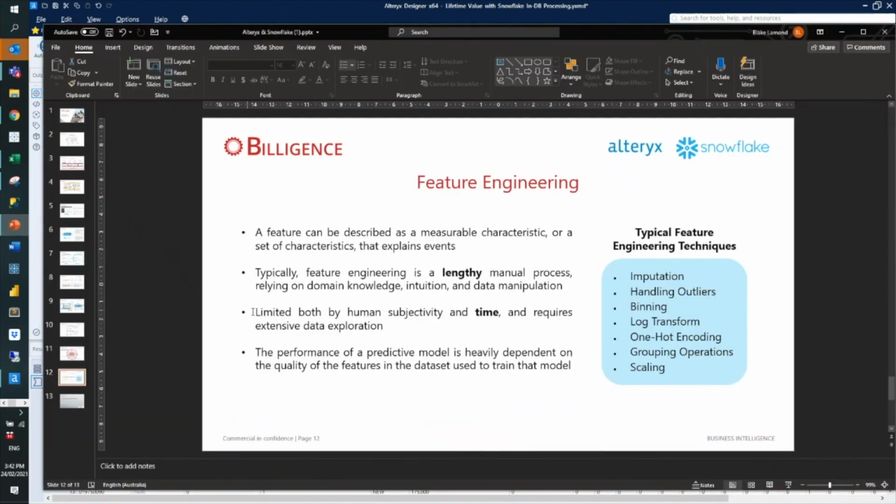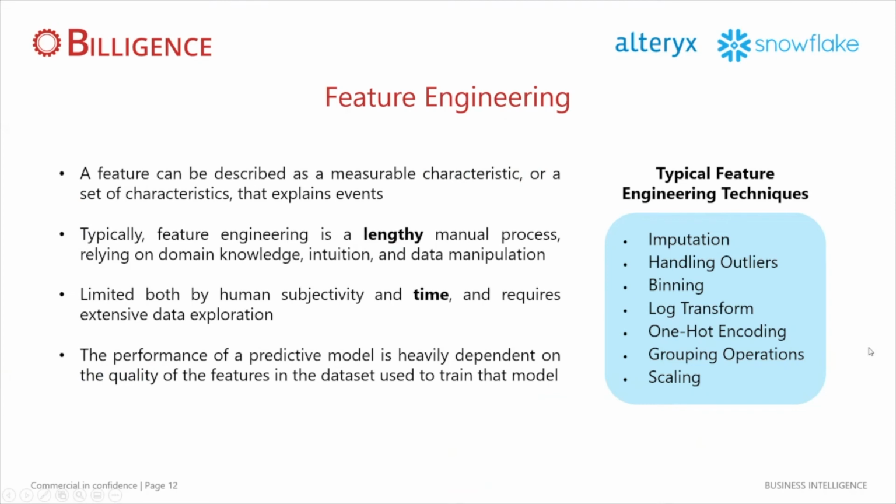Within here, I've covered manual feature engineering as well. There are some really interesting open source libraries that are supported by Alteryx. One in particular called Feature Tools, which can automate this process even further for automated feature engineering, where you specify the relationship between your data sets.